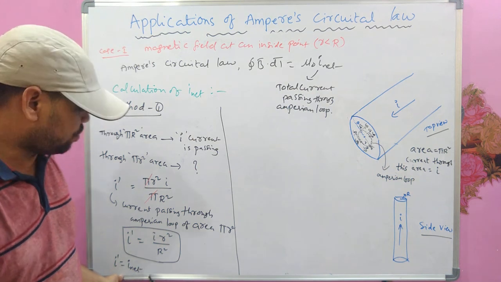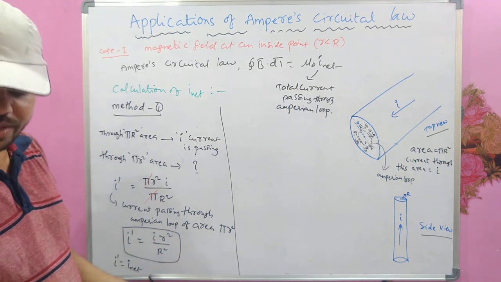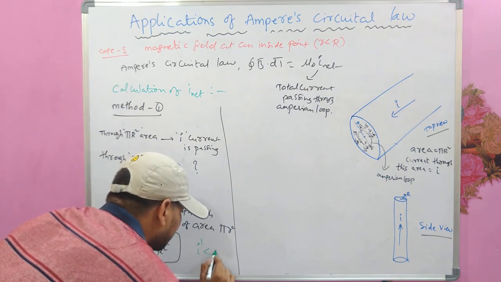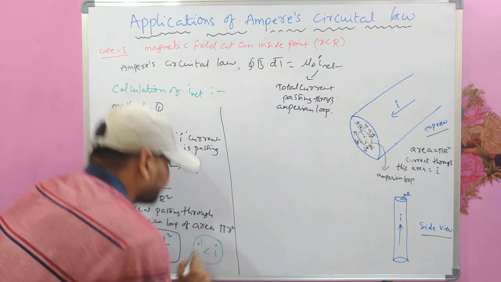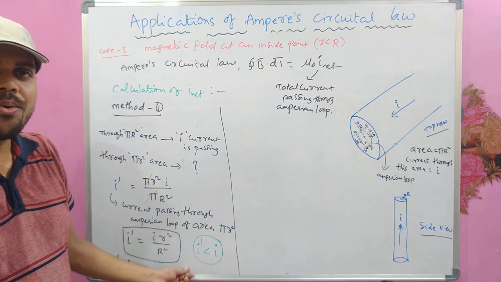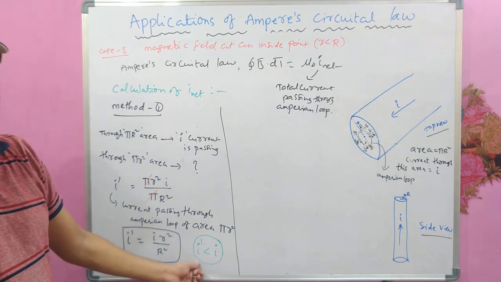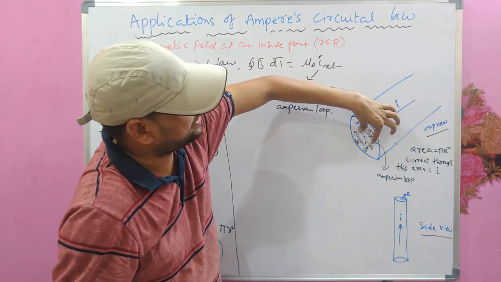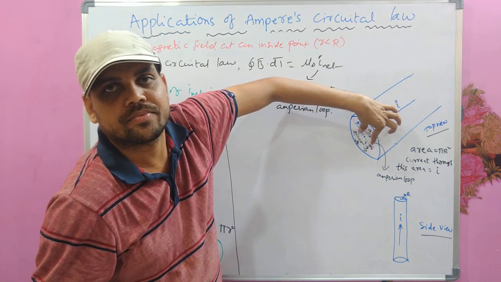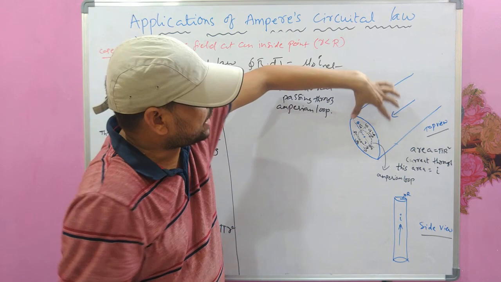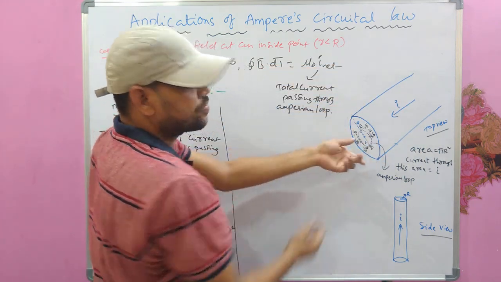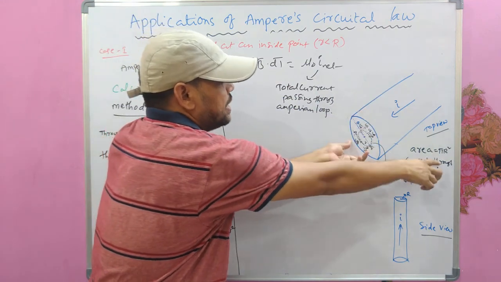And remember, the most important point here is I prime is less than I. How? What is I prime? I prime is the current passing through this loop, the Amperian loop. What is I? I is the current passing through this wire, through cross-sectional area pi R square.